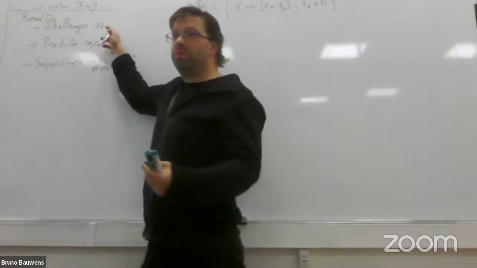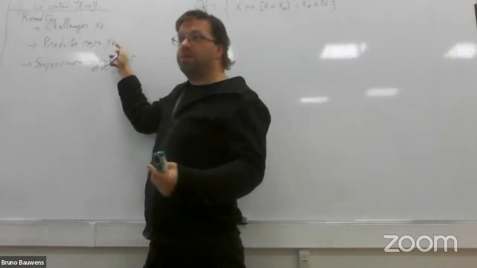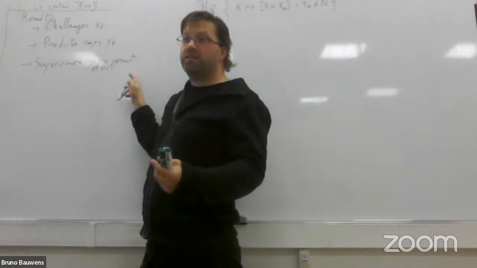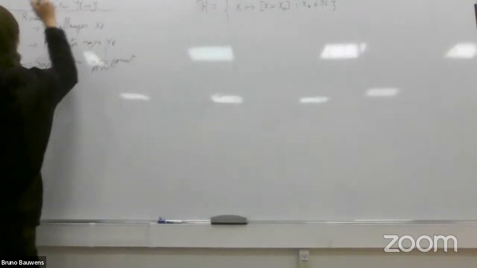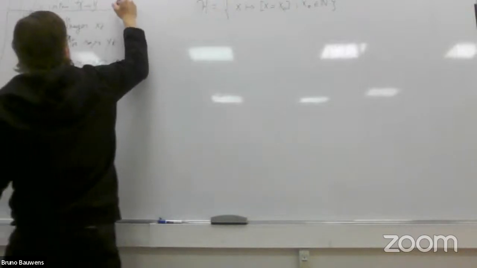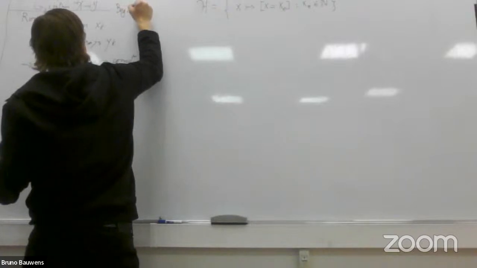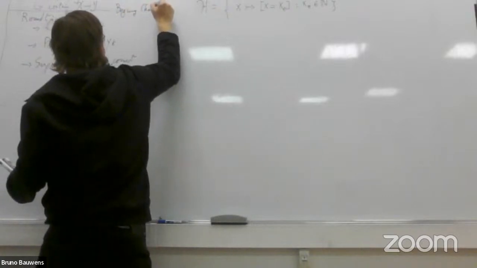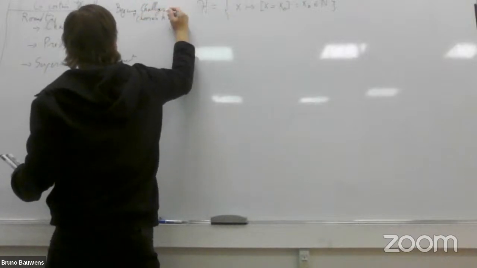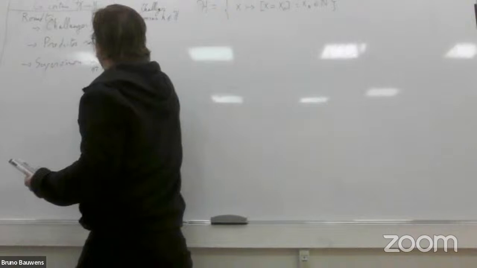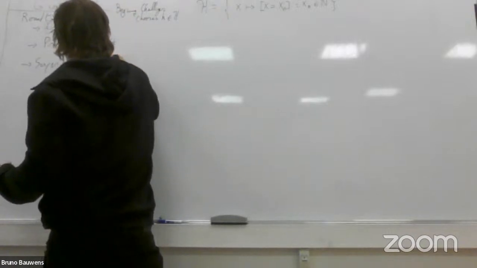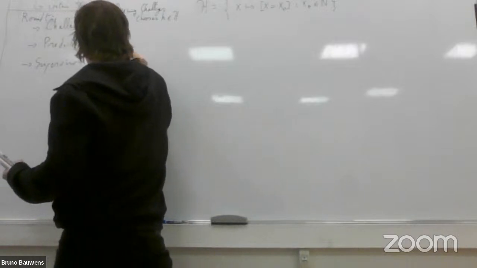The challenger picks some input, then the predictor makes a prediction, and then the supervisor checks this prediction against the secret function. So at the beginning, the challenger chooses h, and the supervisor says whether h of x equals y.